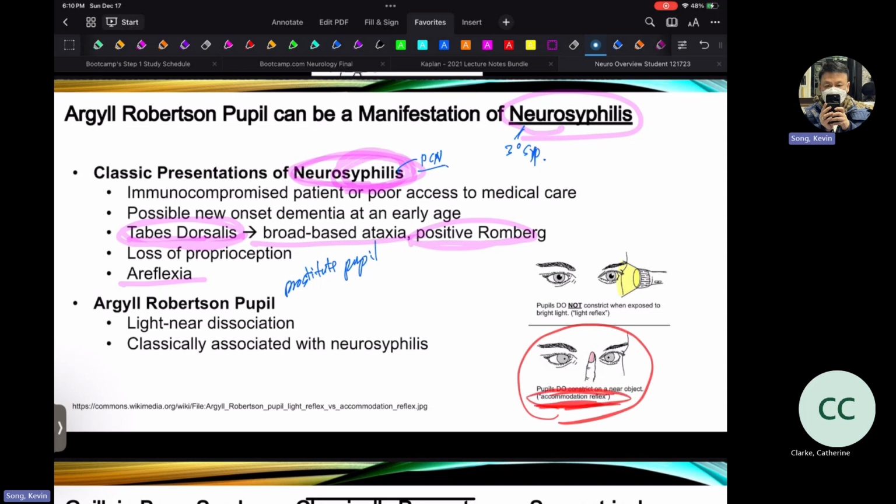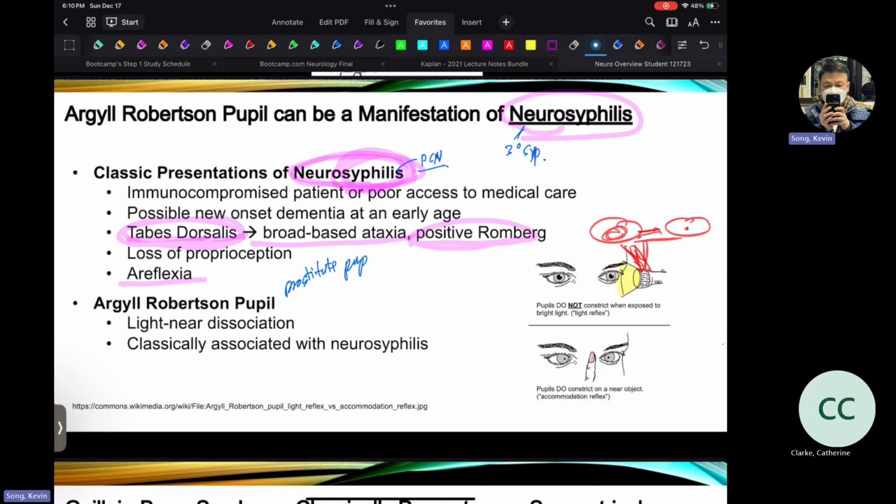Accommodation is there, but the pupil doesn't respond to light. Let me redraw it here. The pupil is supposed to be like this, right? When the light is shining, the pupil is supposed to shrink.